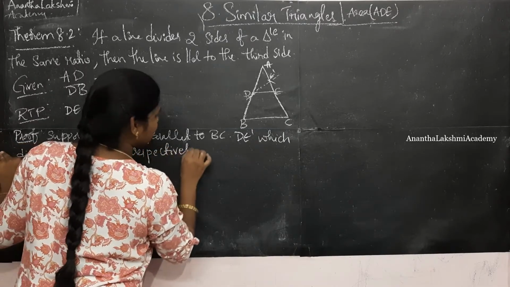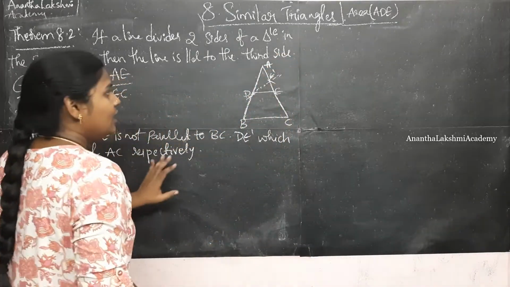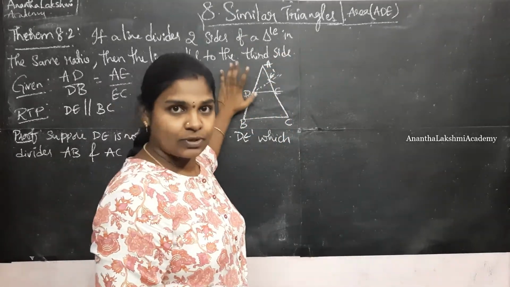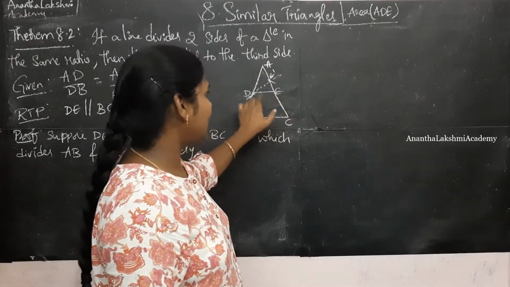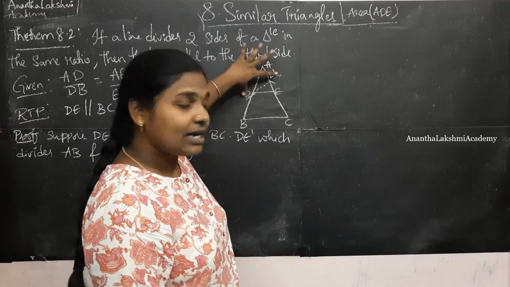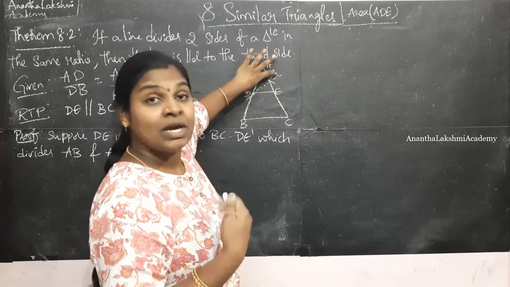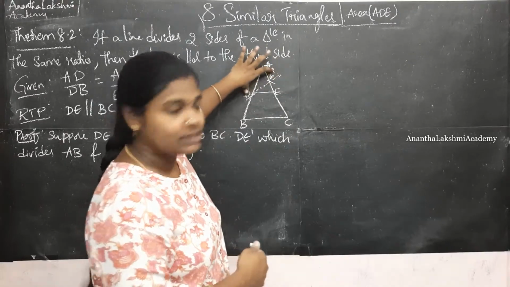Forget about E for some time. We are going to deal with DE dash. Okay. According to the basic proportionality theorem, when we draw a line such that it is parallel to one side and intersects the other two sides in two different points, what is it said? The ratio of the sides are equal.